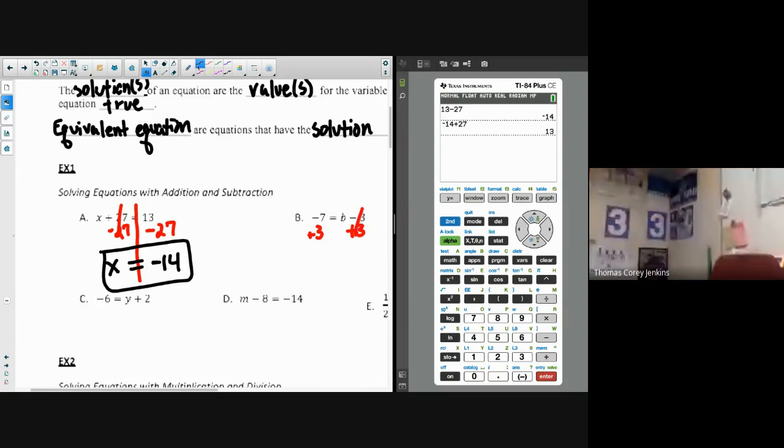And then whatever negative 7 plus 3 is will be our solution for B. So negative 7 plus 3 is negative 4. So there you go. So negative 4 is equal to B. All right, I'm going to leave the rest for you on this one, and you can find the solutions to C, D, and E on the filled out notes.